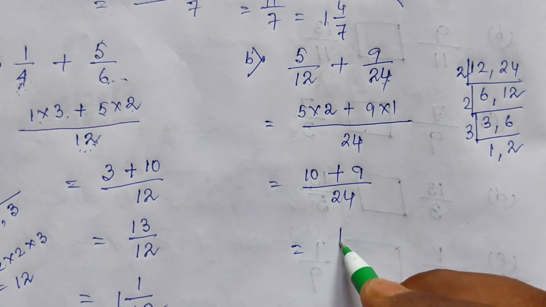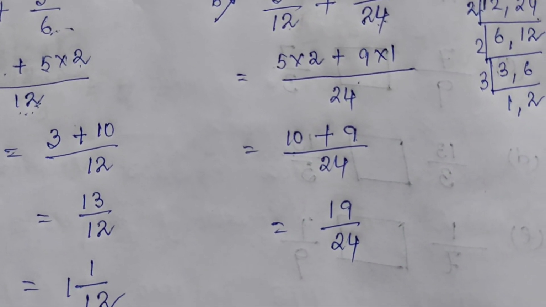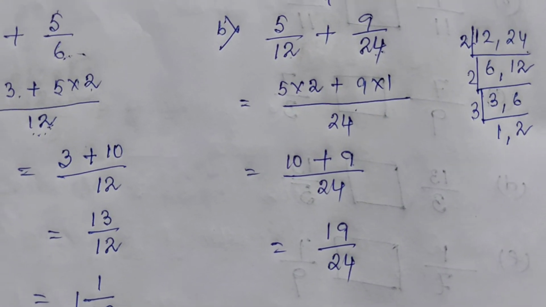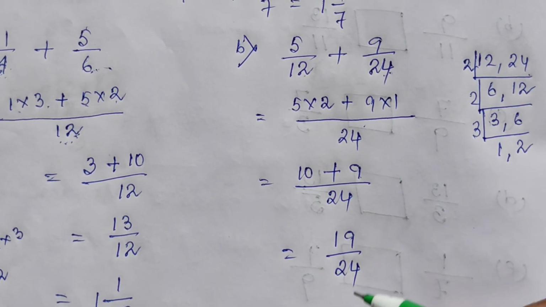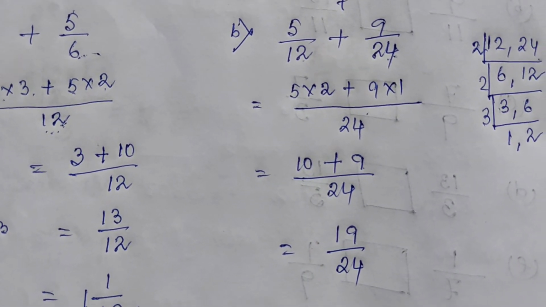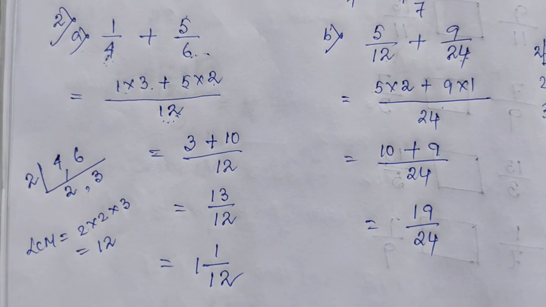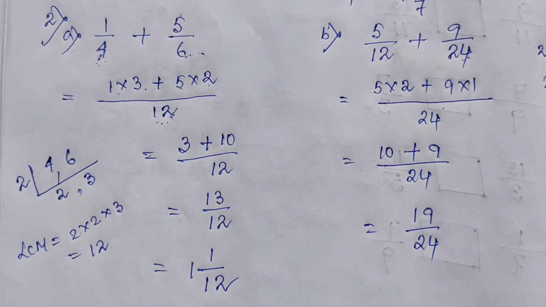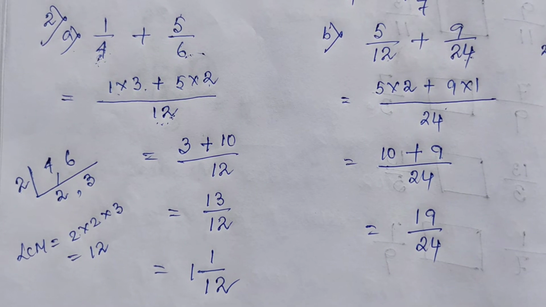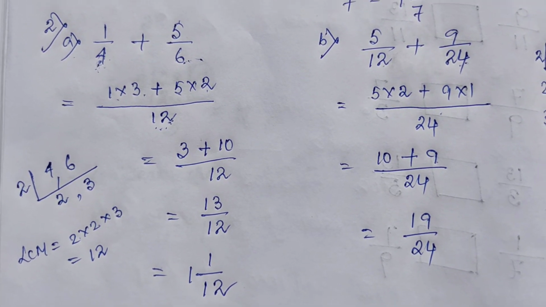So 10 plus 9, that is 19 by 24. And we cannot divide both by any number, so it is the least form. So in this way, everyone, you can add two or more unlike fractions.